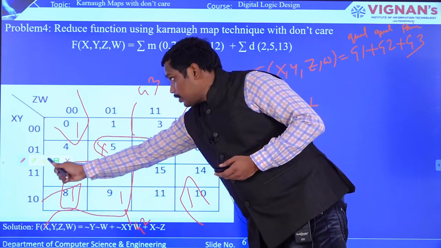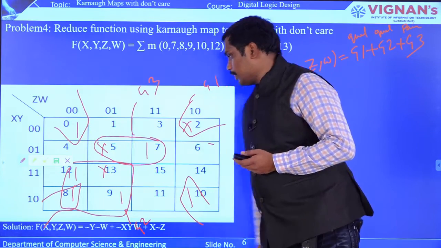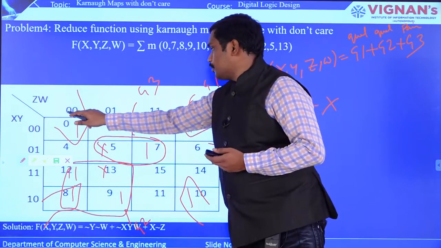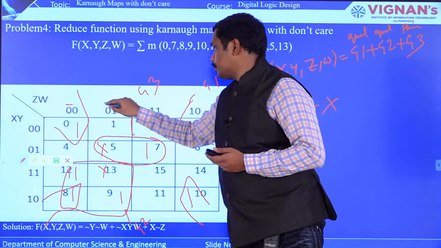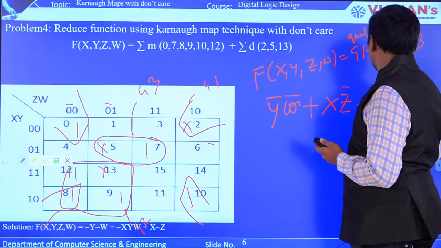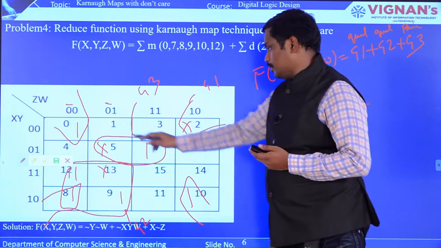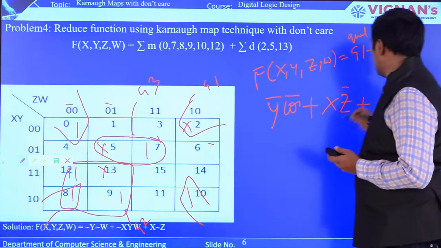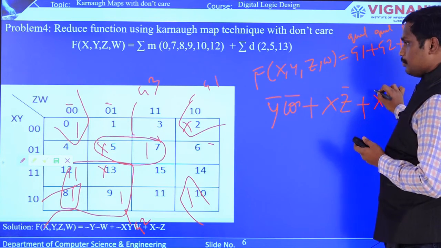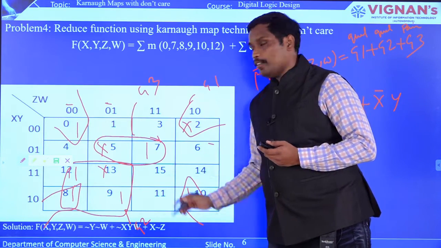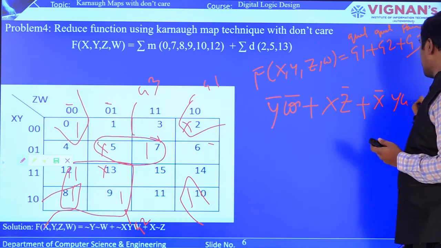Here you can see the commonality of row and column, that is X, and for column it is 0, 0, 0, 1, which is 0, 0, that is represented with Z bar. And then for G3, which is a pair, it has a common row, which is X bar Y, and then the commonality for the column is 1, which is W.